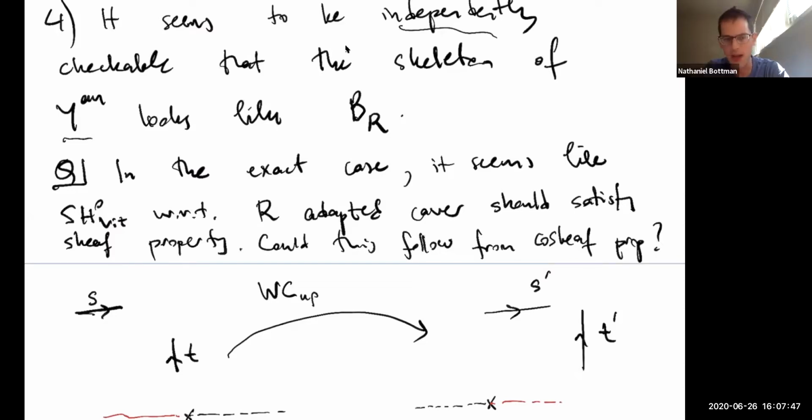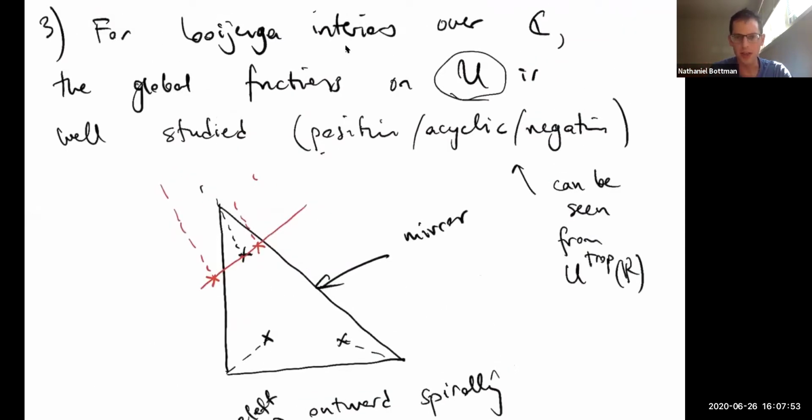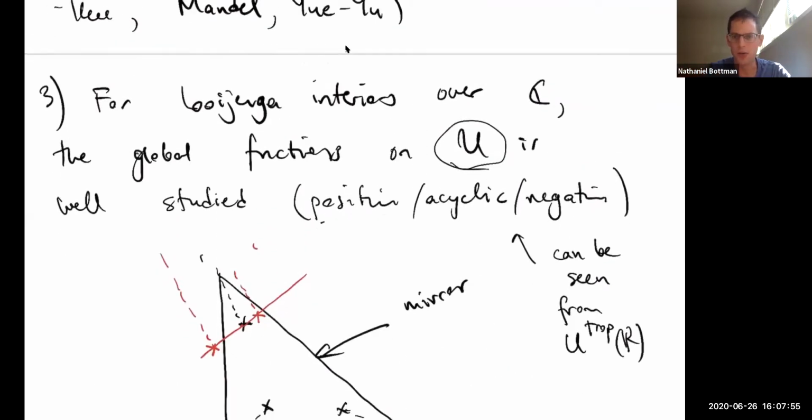Umut, I wanted to ask, in your remark 3 just above, you said that the story's been worked out in detail over C. Could you share a reference or two for that? Yeah, I think I can even show it. It's right next to me.